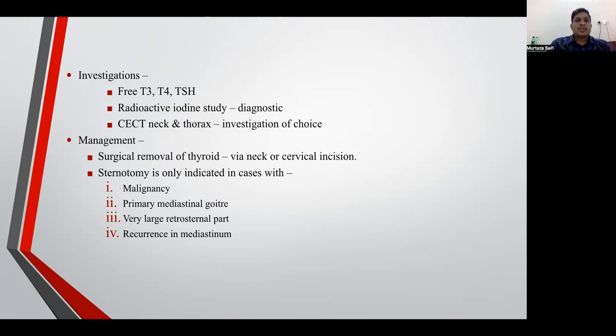Then sternotomy is only indicated in cases with malignancy, primary mediastinal goiter, very large retrosternal part, then recurrence in the mediastinum. So these are four indications.